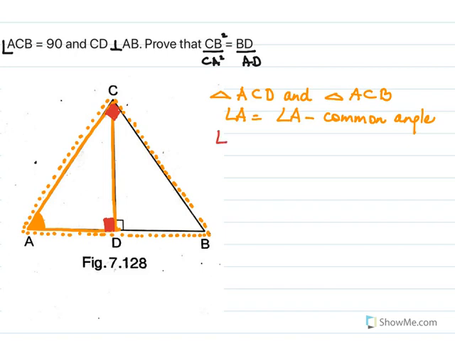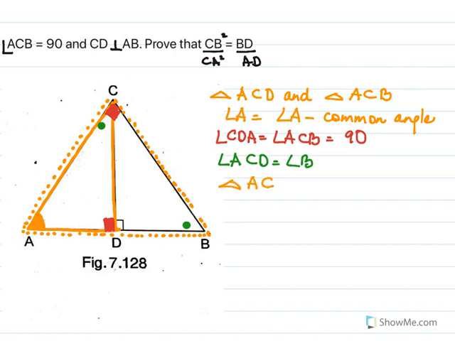So let's write that: angle CDA equal to angle ACB equal to 90. If two angles are equal, the triangles are similar. But we'll write the third angle, and the third angle for the smaller one will be equal to angle B. So I have angle ACD equal to angle B. Therefore the triangles are similar.